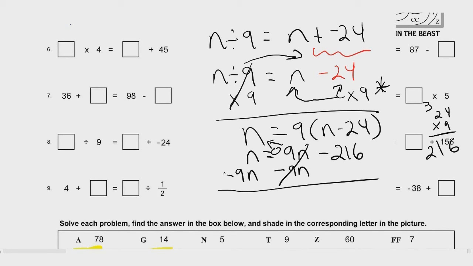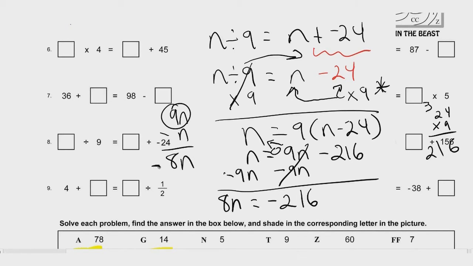The 9n's are gone. We end up with a negative 216 equals n minus 9n. That means you're taking away 9n, so we have a negative number. So n minus 9n is 8n. If you didn't know that, you could always just say 9n minus n equals 8n. But you had more negatives, so it's negative 8n.